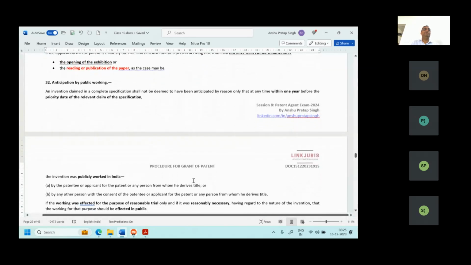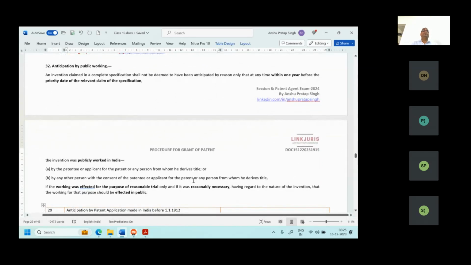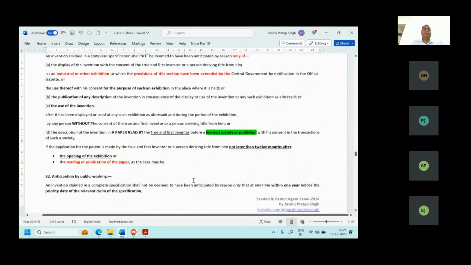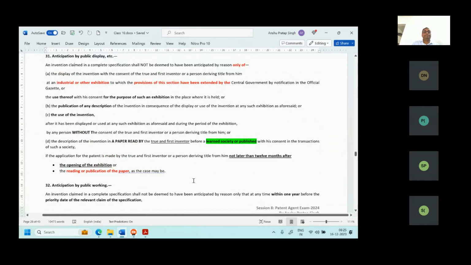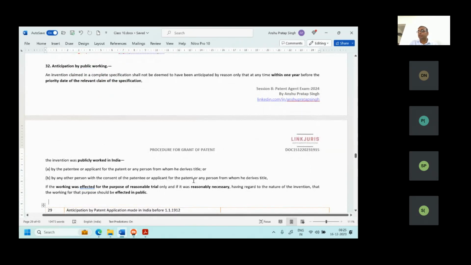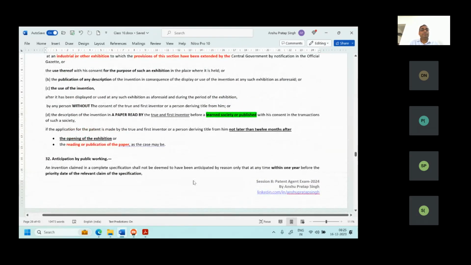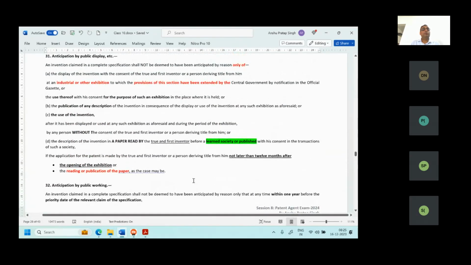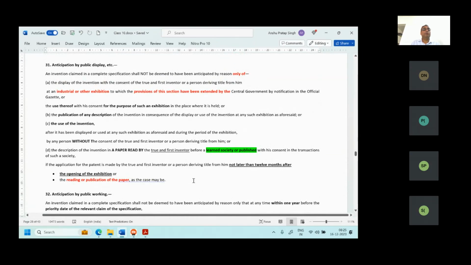Then comes anticipation by public working. One thing is that within 12 months you have to file. Right. In this anticipation by public working, all these disclosures, your work, the only thing is that it should not be more than 12 months.